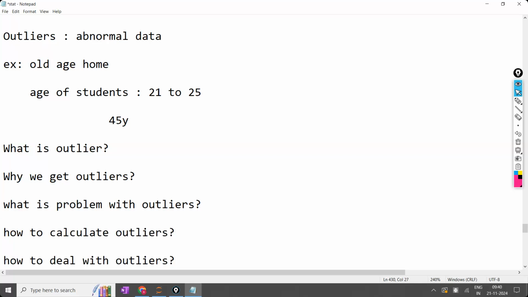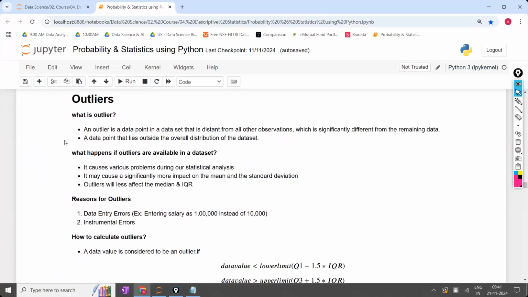Question number 1. What is an outlier? An outlier is something different from the remaining data. Other records will be of one type, and these records will be of some different type. They are called outliers. I have written it in detail here.